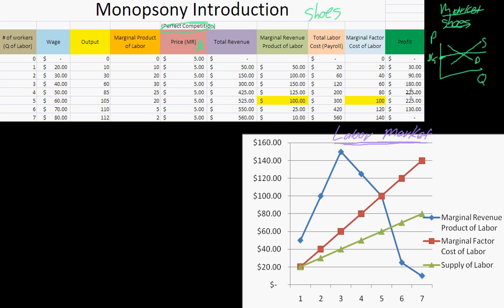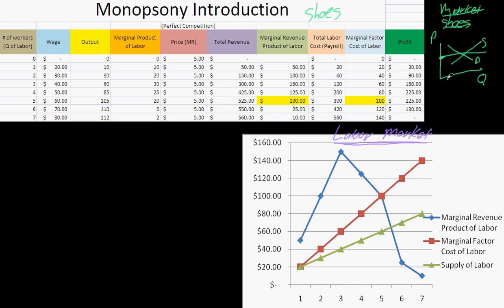They're the only factory in town, so they have power in the labor market. They have the ability to impact the labor market there. But they don't have any power in the world market for shoes, because they have to compete with companies from all over the rest of the world. Okay, so that's the first thing.